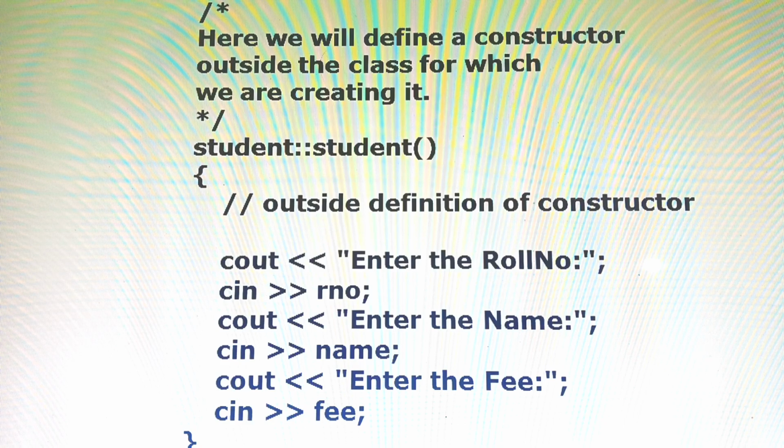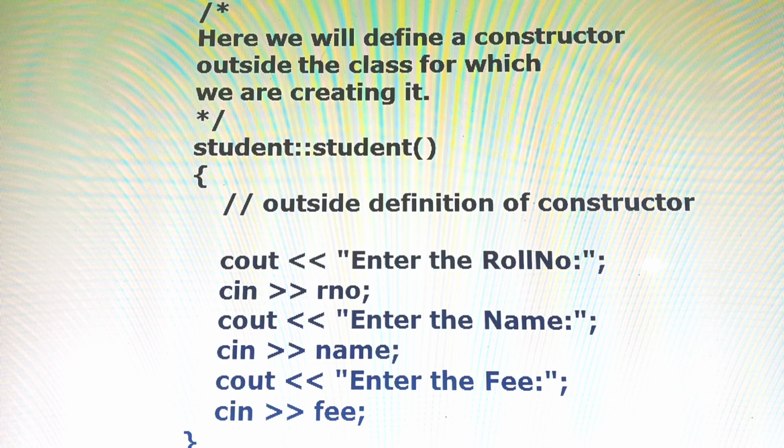Here, the class part is already over. Then outside the class we can define the constructor. How to define the constructor? Give the class name, the class name is student. Then the scope resolution operator, then give the constructor name: student, scope resolution operator, constructor name student, function call.